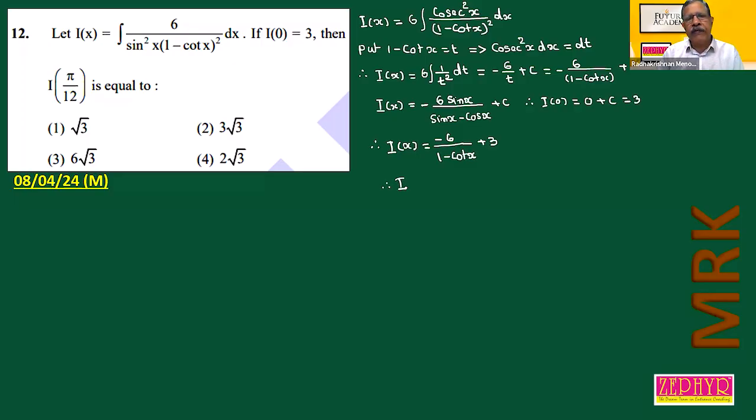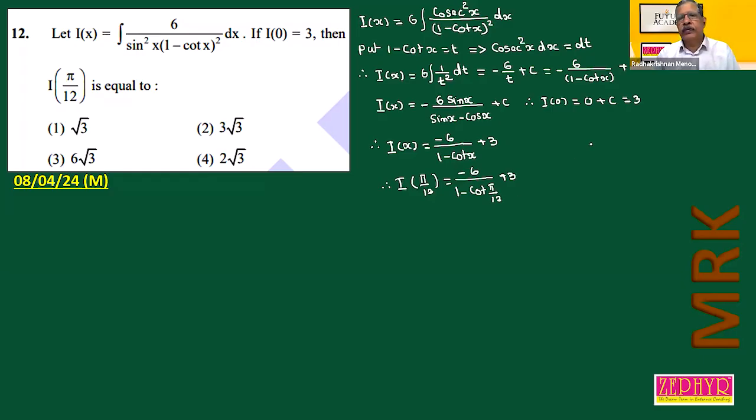Therefore, I of pi by 12 is minus 6 divided by 1 minus cot pi by 12 plus 3. You have to simplify this.